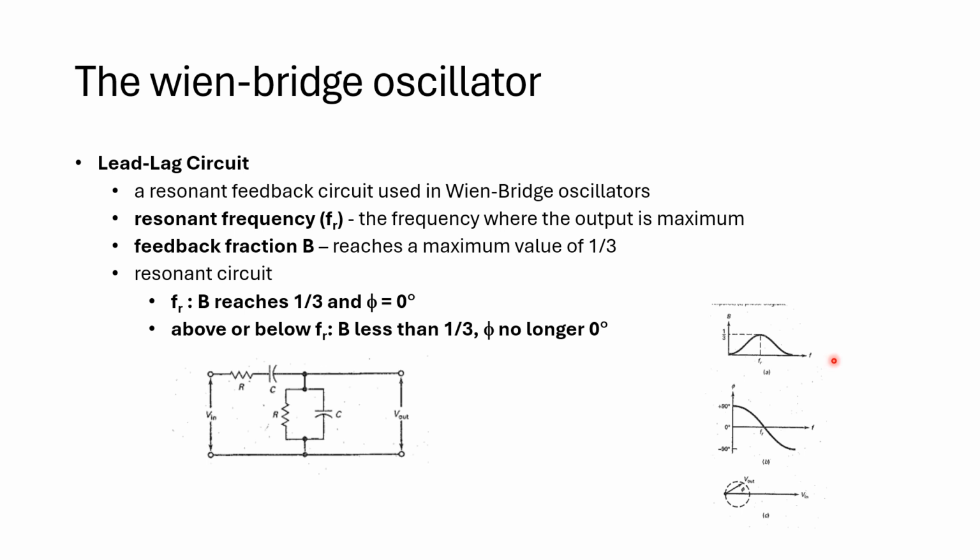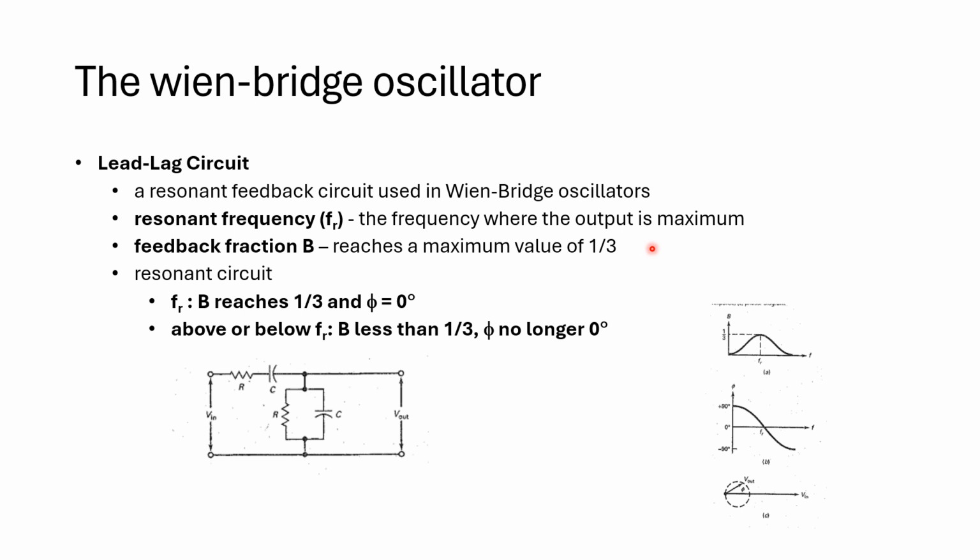But in between these two extremes, the output voltage reaches a maximum value. At a certain frequency, the output voltage reaches its maximum. That specific frequency is what we call the resonant frequency, FR. This is the frequency where the output is maximum.